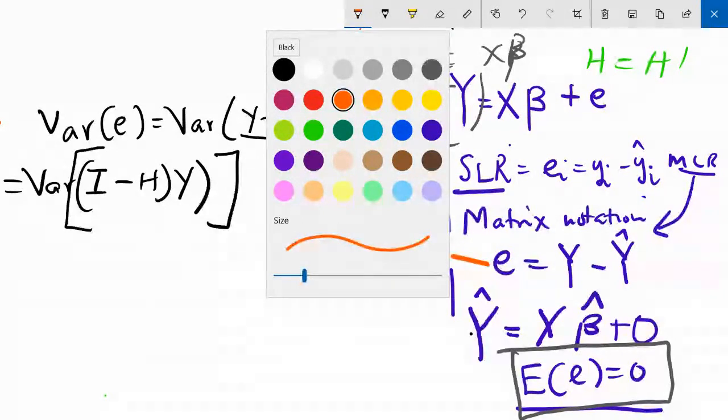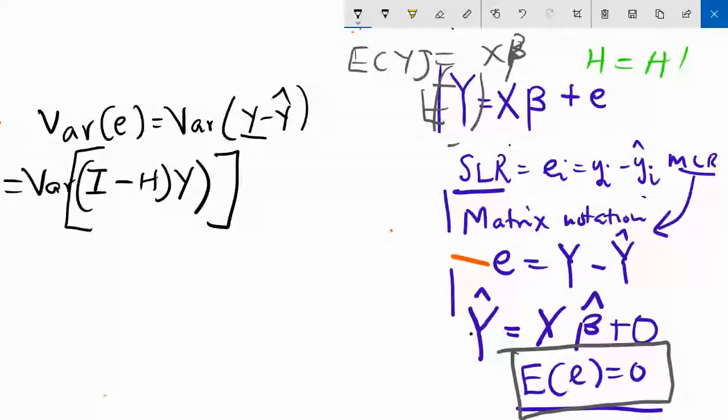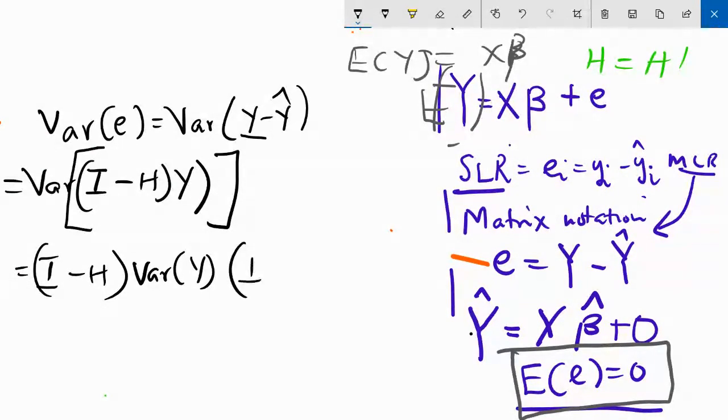Where am I? Okay. So now let's apply the rule. Remember, we can take out this one. So it means we'll have I minus H, variance of y, I minus H transpose. I have explained the rule now.